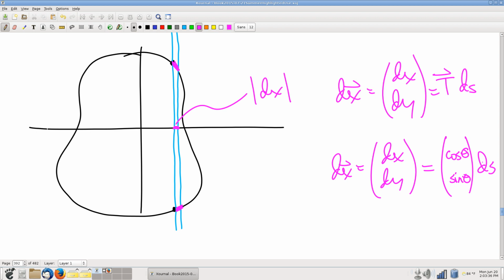Sorry, how did you get that last part? Yeah, so this is a unit vector pointing in some direction depending on what theta is, and T is a unit vector pointing in some direction, so some way or another there's a theta that makes T equal to that.